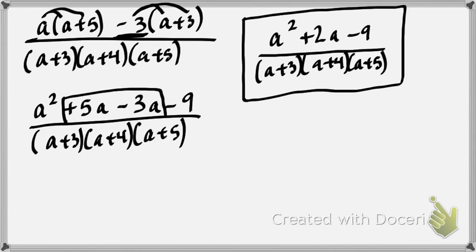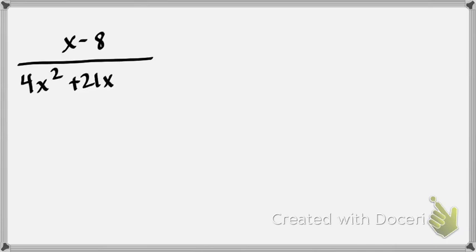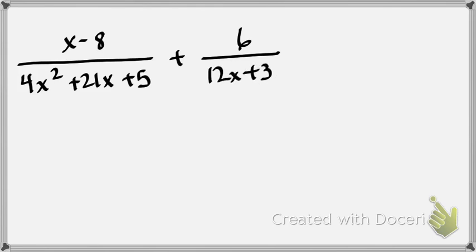Let's just do one more and get a little bit harder now. So another practice problem. Let's say x minus 8 divided by 4x squared plus 21x plus 5, plus 6 over something. Again, we want to do the same thing. We want to factor the bottoms.